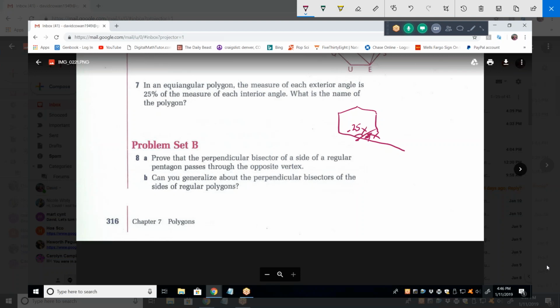They're not equal, right? So I can say X is equal to 2.5X. Isn't it 0.25X? Yeah, that's what I meant, 0.25X.